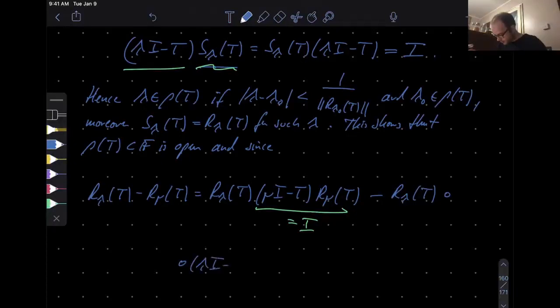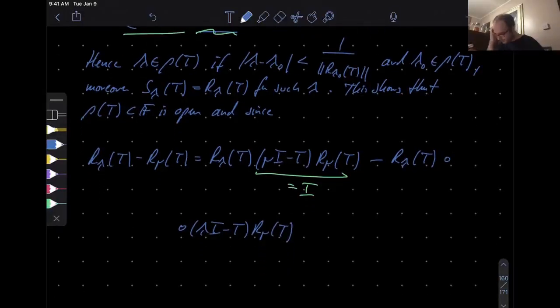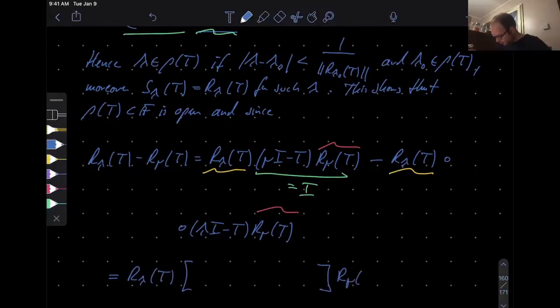So (λI - T), and then R_μ(T). And now you notice that there's a few common factors that you can pull out. This and this to the left, and this to the right. So that will give you R_λ(T), R_μ(T), and then what's inside? Well, (μI - T) - (λI - T). And if I did everything correctly, yes, the T's go out. And then what you have inside is precisely (μ - λ) times the identity. And of course the identity commutes with everything, so you can pull it out, right?